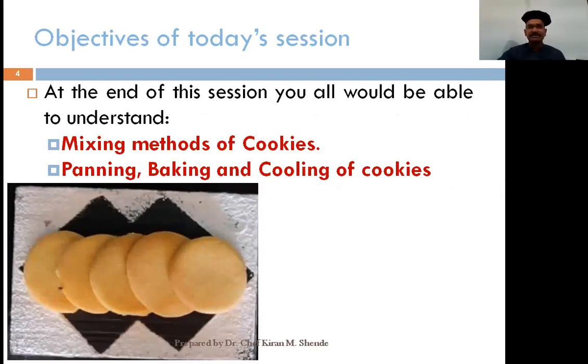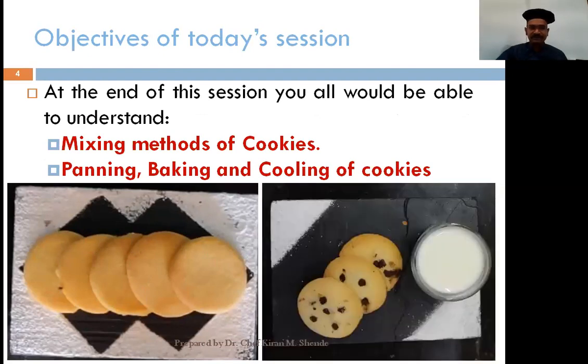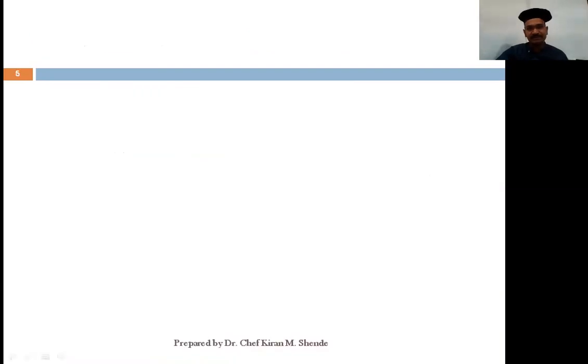Like cake mixing methods, there are cookie mixing methods also. Those who have missed my first session on cake making, kindly visit my YouTube channel. You'll find my first chapter on cake making so that you can have both the things together. We'll also understand in this chapter how panning, baking, and cooling of cookie happens.